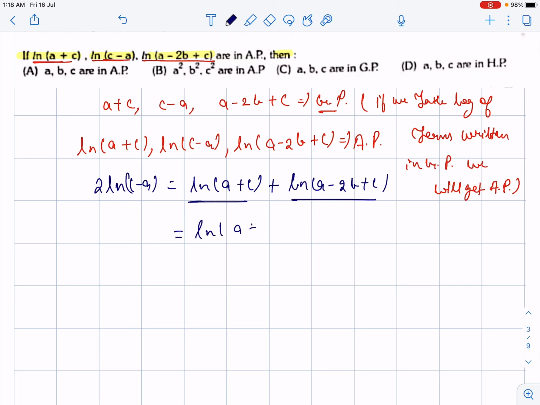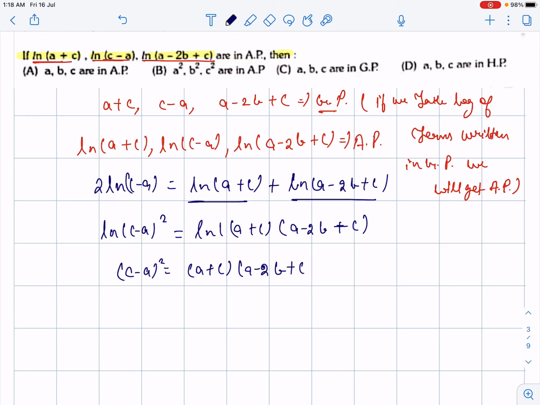So ln of (a + c) multiplied by (a - 2b + c) is equal to ln of (c - a) the whole square, by making use of the converse of the power rule. Now taking anti-log, we get (c - a) the whole square is equal to (a + c) multiplied by (a - 2b + c). So guys, that is the same thing as when we had written that a + c, c - a and a - 2b + c are in GP, because we are getting back the same thing.